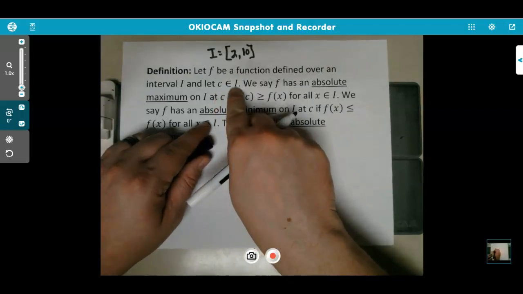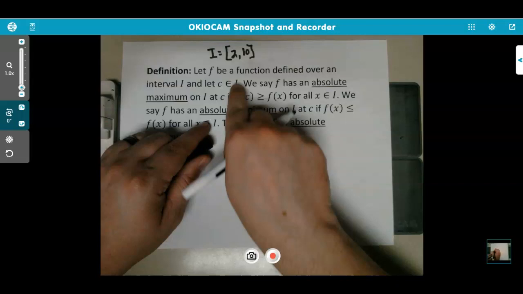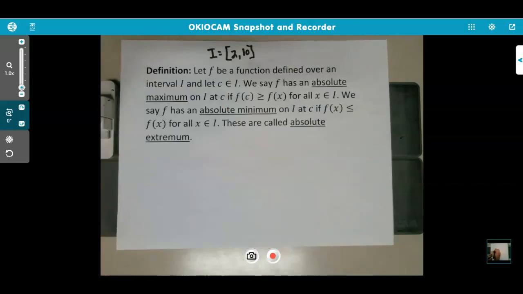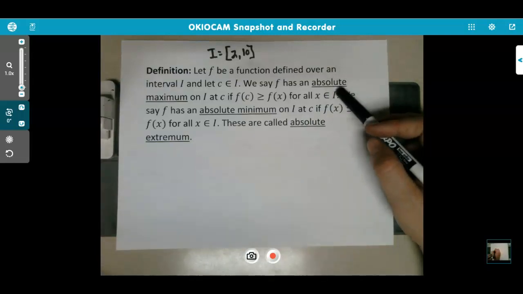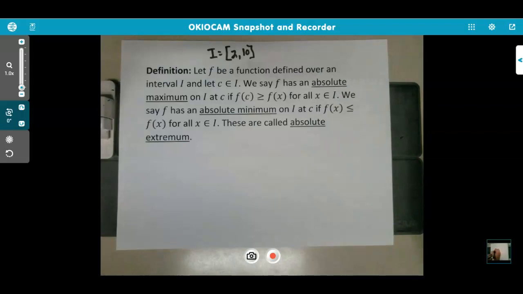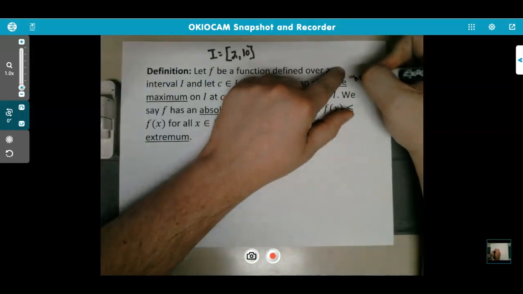Okay, so C is something inside of this I. We say f has an absolute maximum on I at that point C if f of C is greater than or equal to f of x for all x inside of I. So basically, this means the maximum is the highest point. But it is the absolute highest point.